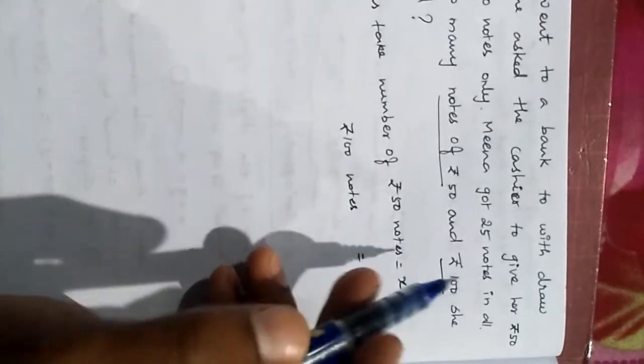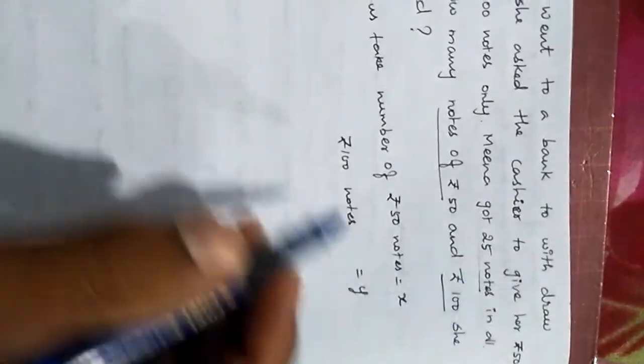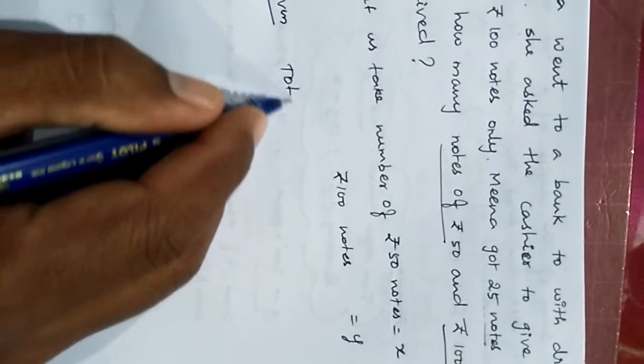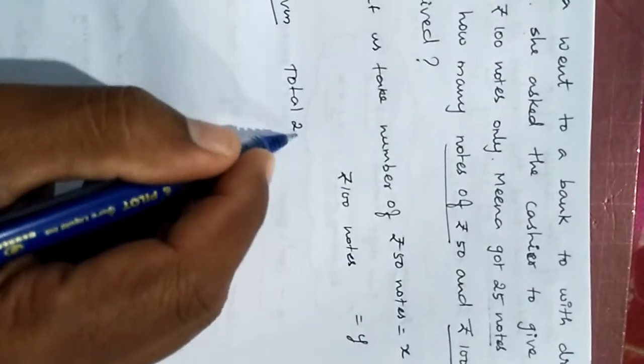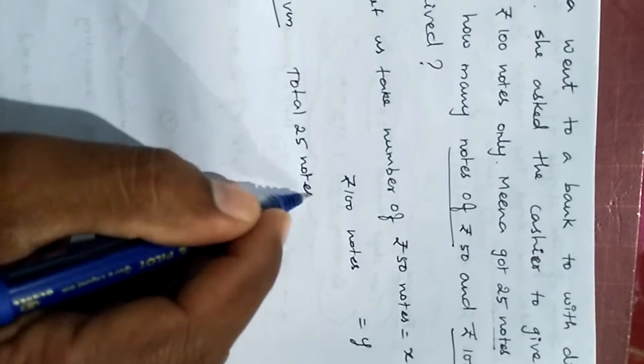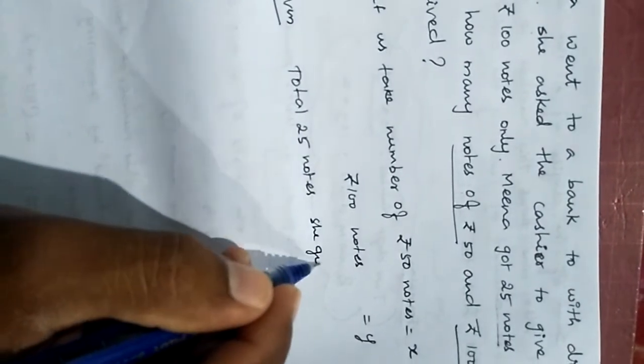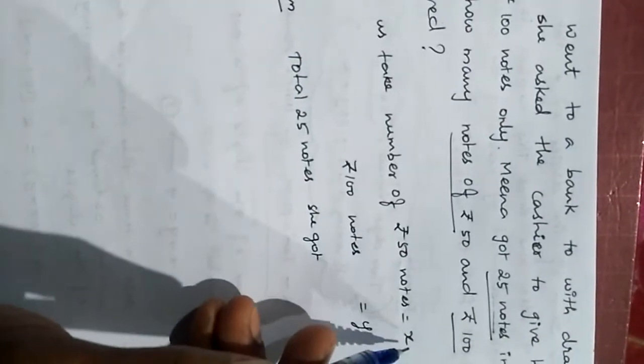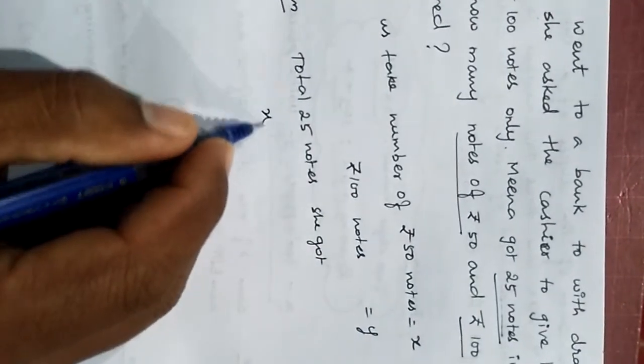Now totally she got 25 notes in all, as given in the question. So 25 notes she got, which means x plus y is equal to 25.